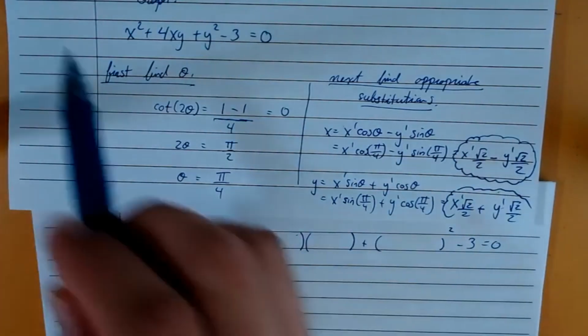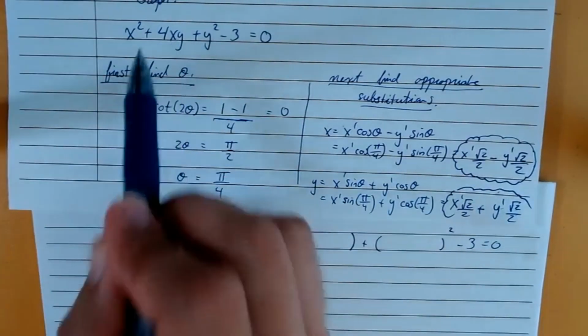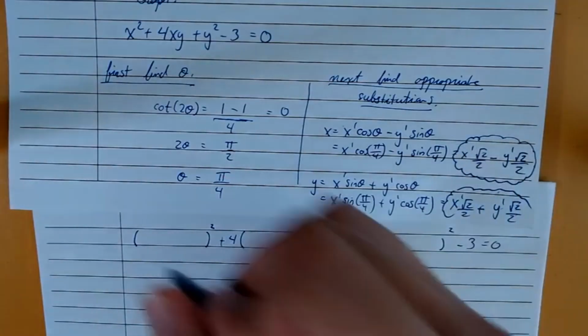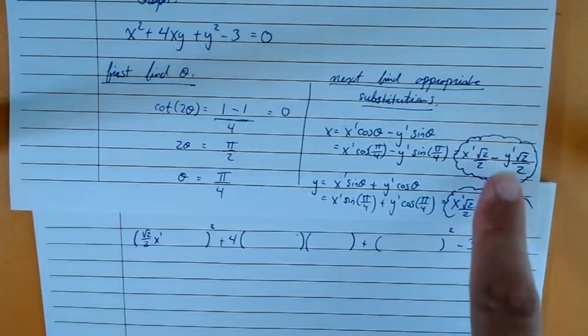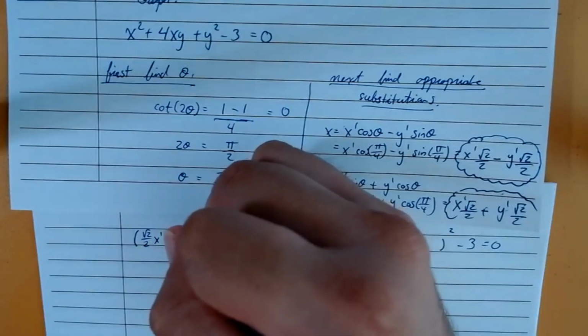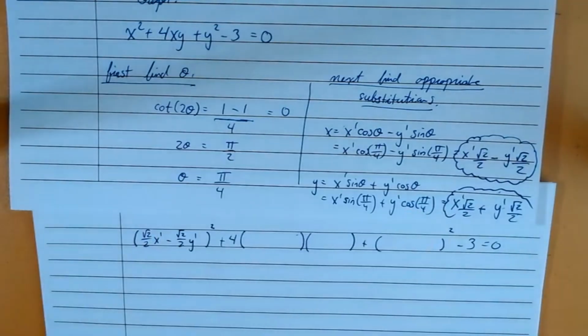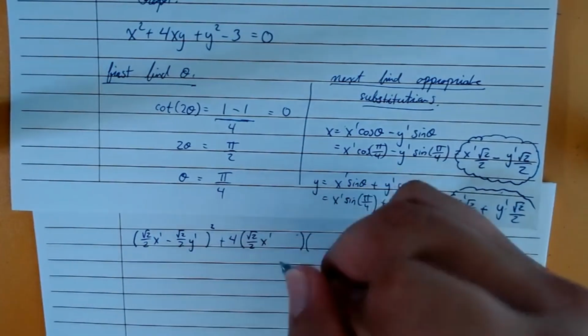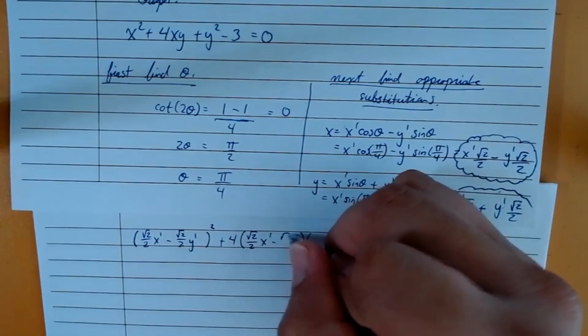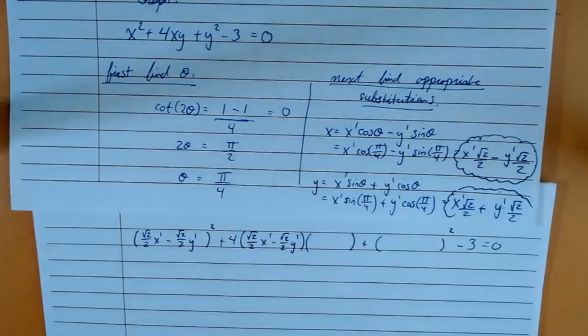Well, now anywhere there's an x, so this first one and this second one, I'm going to plug in this stuff. Okay, so it'll be root 2 over 2x prime minus root 2 over 2y prime. And then same thing for this one. Root 2 over 2x prime minus root 2 over 2y prime.